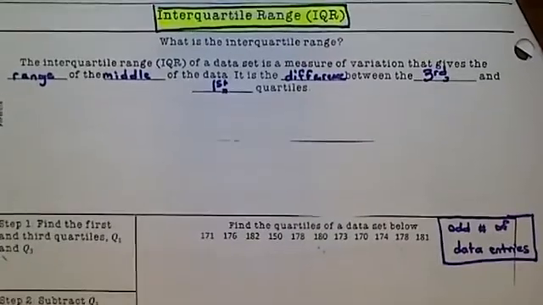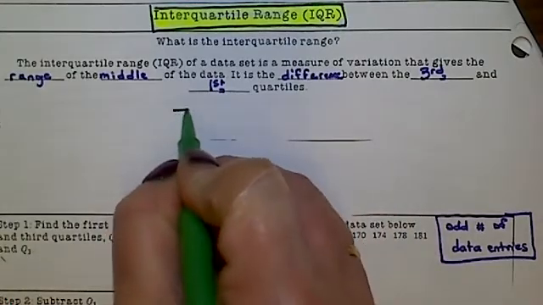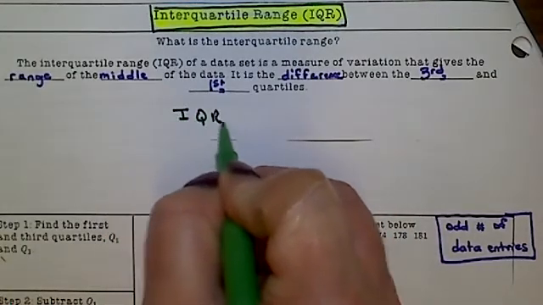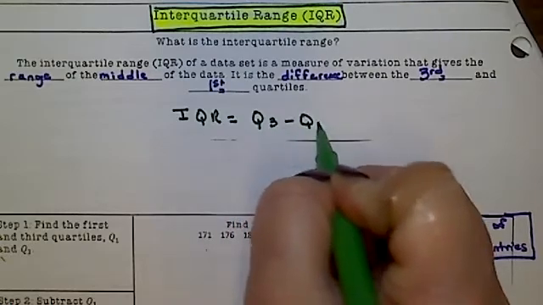Okay, it is a measure of the variation that gives the range of the middle of the data. So you're getting the range from the middle 50% of the data. It is the difference between the third and first quartiles. So your formula, again, is Q3 minus Q1.